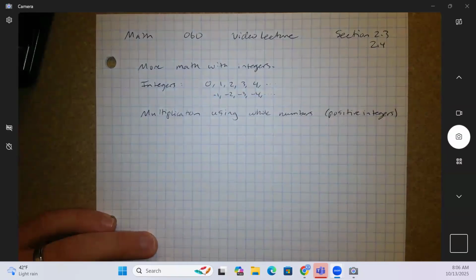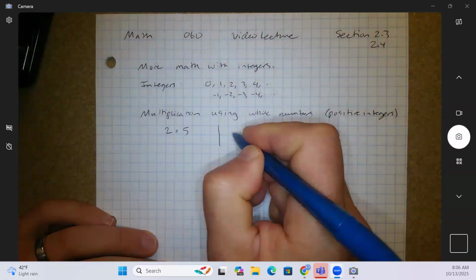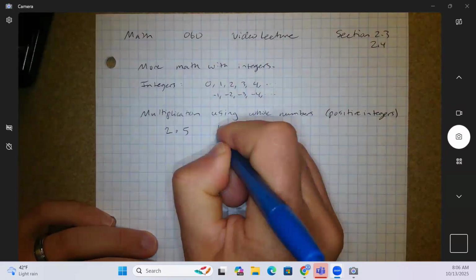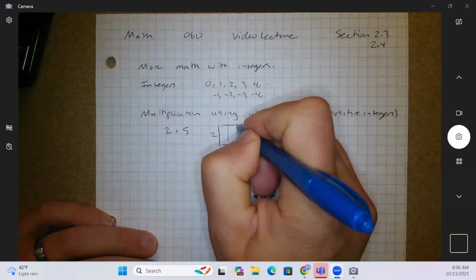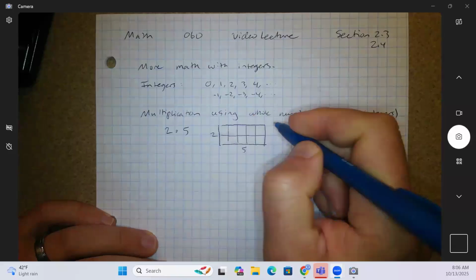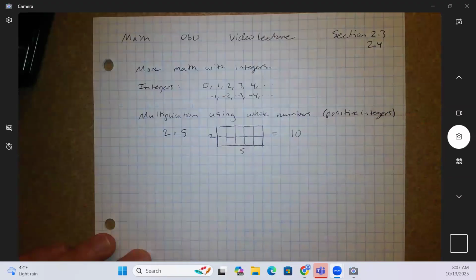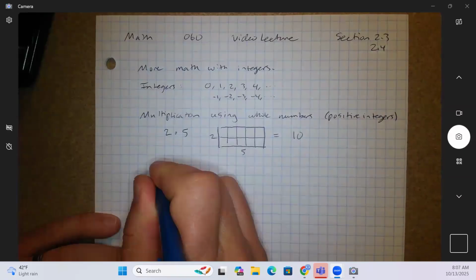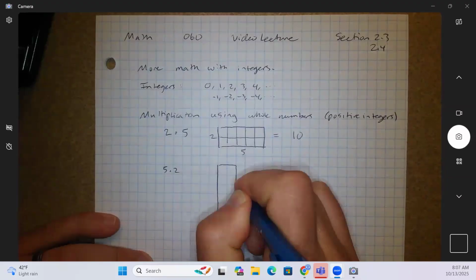So if I take 2 times 5, I can see that as making a rectangle that's 2 units on one side, 5 units on the other, and then counting all the squares, which is 10 squares. Of course, I could also write it the other way, as 5 times 2, which I can see as turning that rectangle.